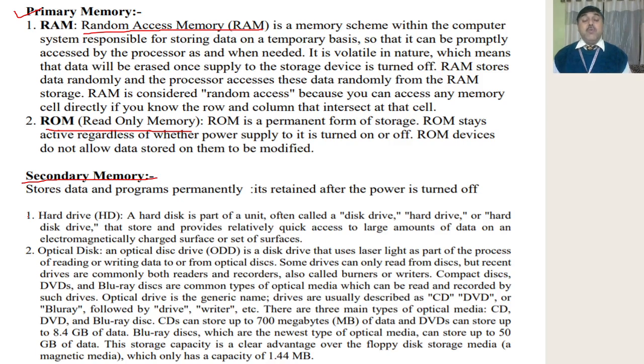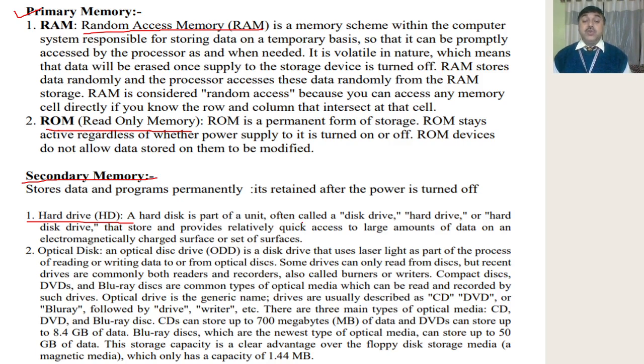What are they? One is very common to us, that is the HD or hard drive. Hard disk, hard disk drive, many names are there. You can call it by any name. But what work does it do?